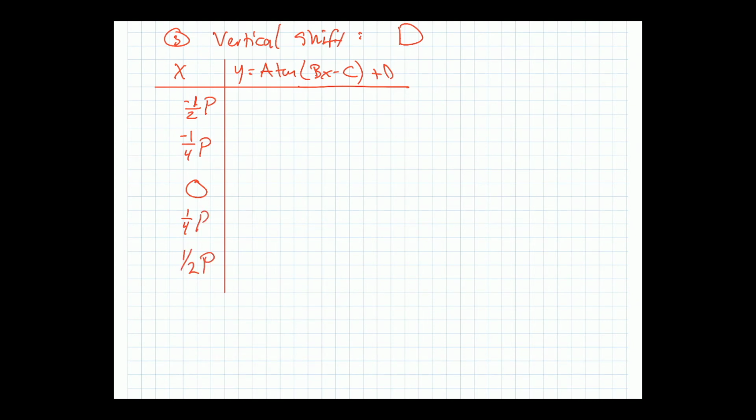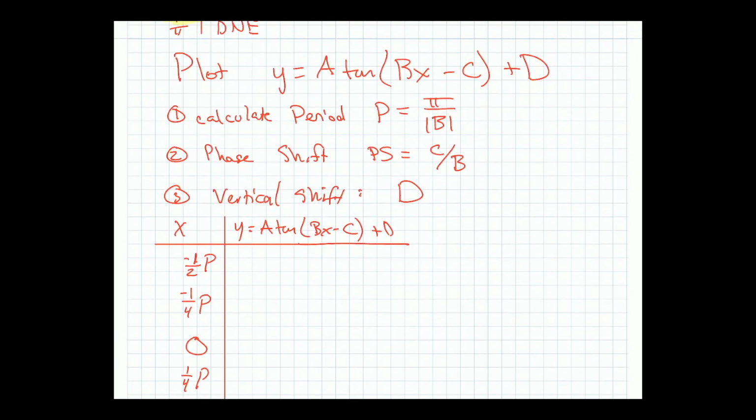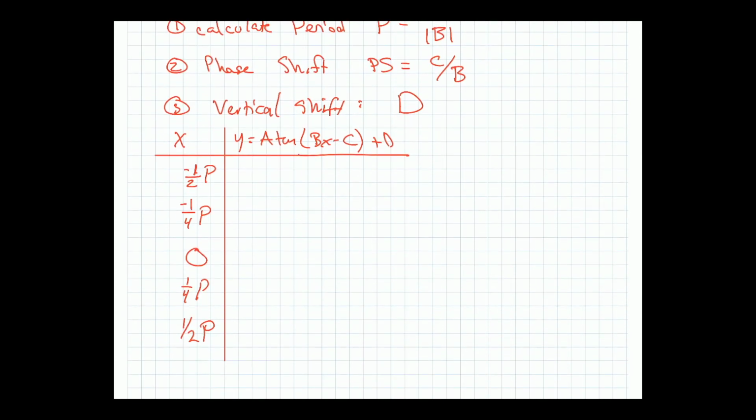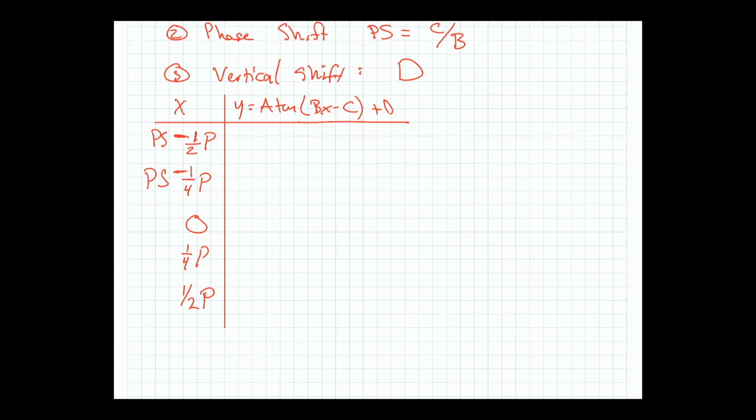Those were the values before for tangent. Now, because there's a phase shift of C over B, you have to have the phase shift plus this. So you just add the phase shift. So everything moves over left or right by the phase shift. That's what a phase shift does.